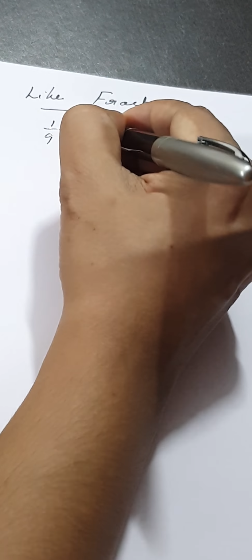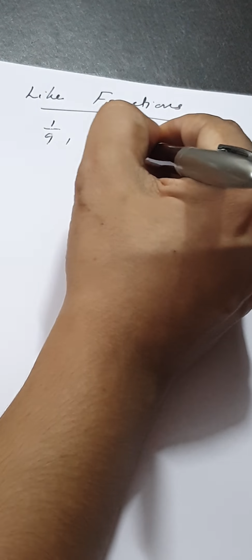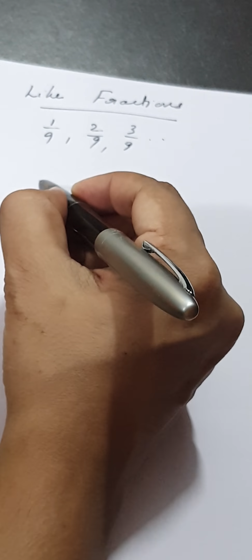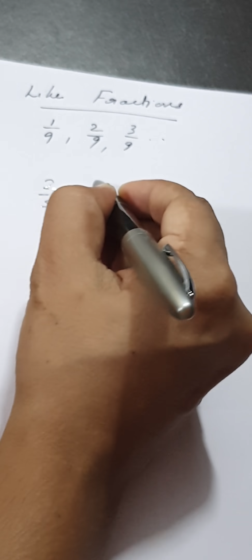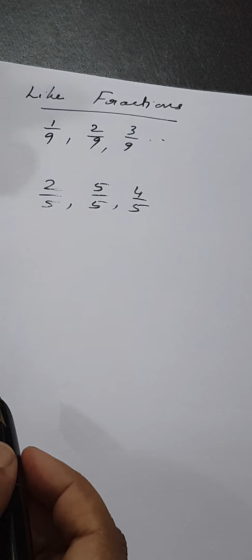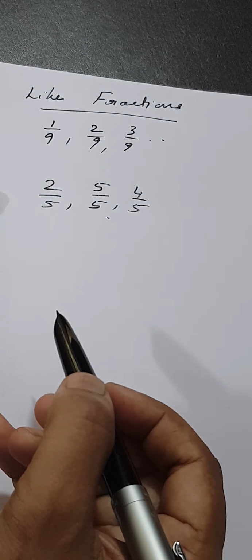Fractions having the same denominator are called like fractions. So 1 by 9, 2 by 9, 3 by 9, and so on. The denominator is 9 in all of them, so these are all like fractions. Next, 2 by 5, 5 by 5, 4 by 5. What about the denominator of these fractions? All 5. So these are also like fractions.